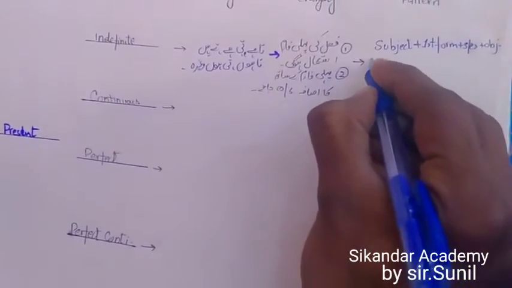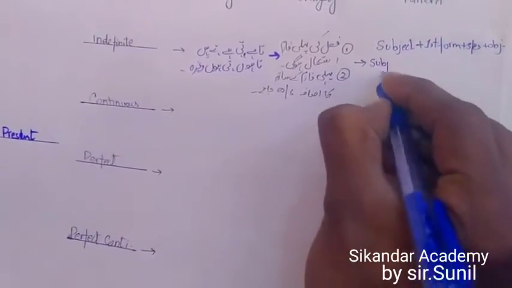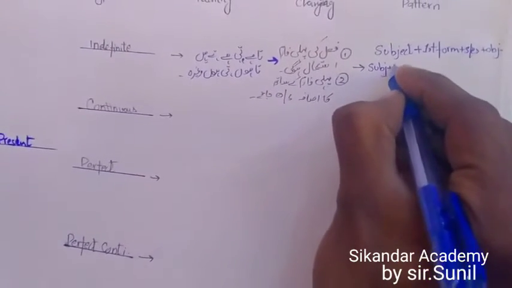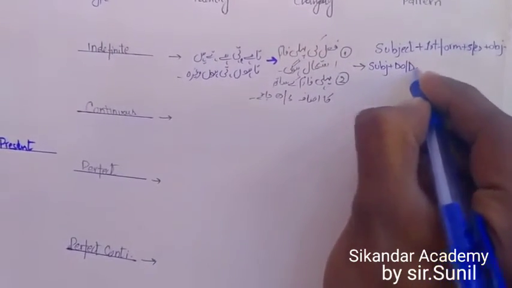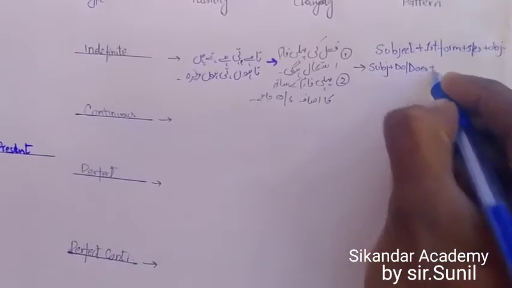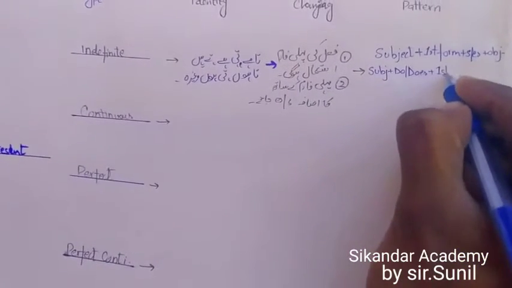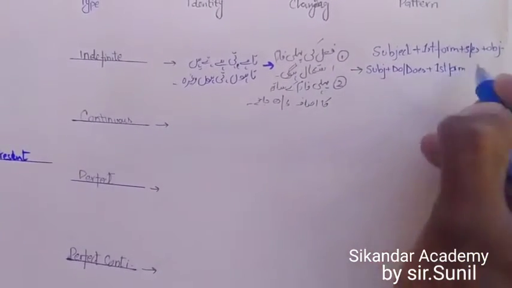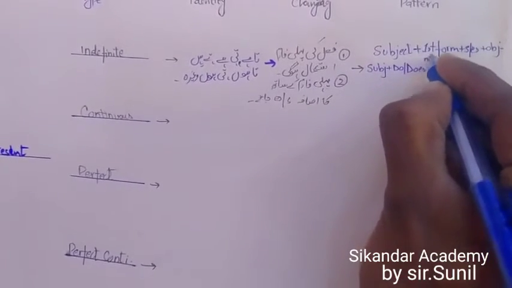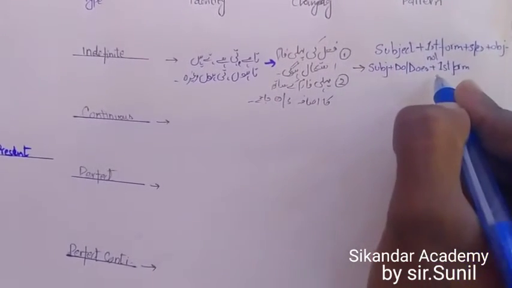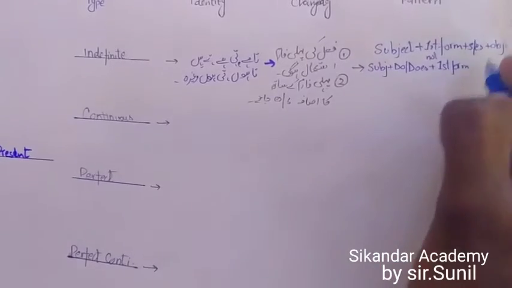Then the negative sentence will be subject plus do, does plus first form. Not will also be added to it because it is a negative sentence.